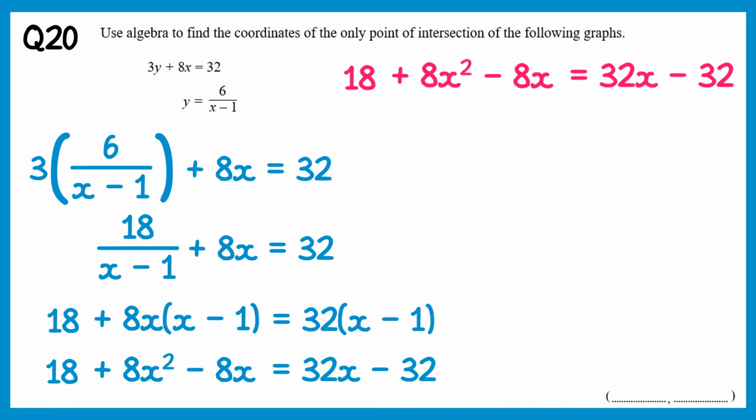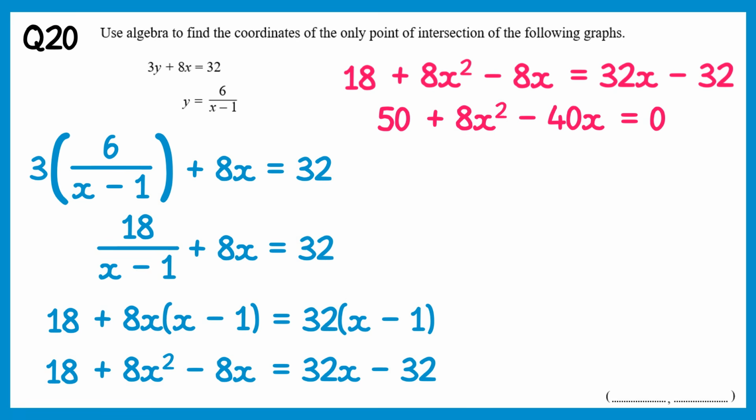So let's subtract 32x and add 32 to both sides. If we add 32 to the left-hand side, we'll get 18 plus 32, which is 50. The 8x squared isn't going to change, but then we've got negative 8x, subtract 32, which is negative 40x, equals 0.